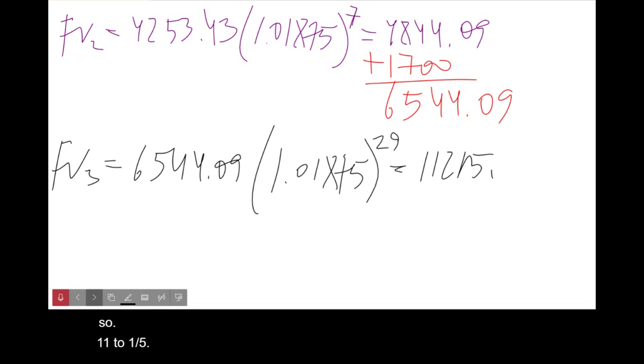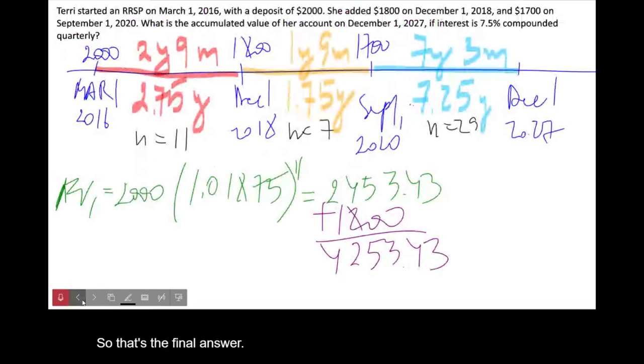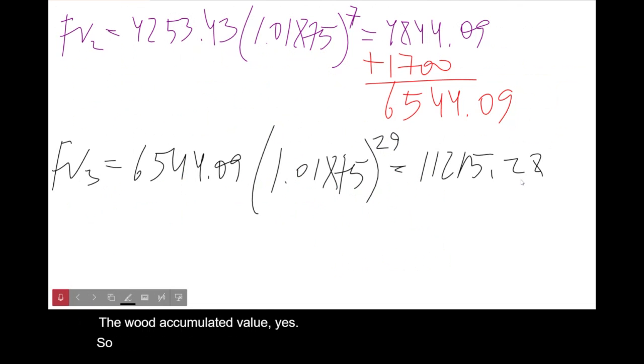Sorry, 28. So that's the final answer actually. We found the accumulated value. Any questions?